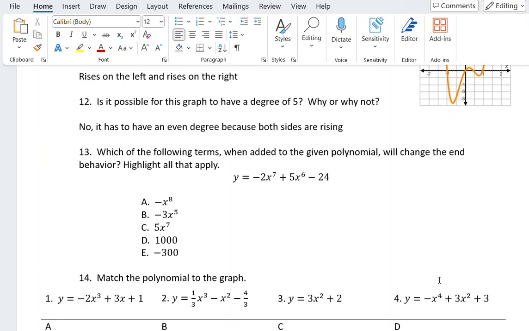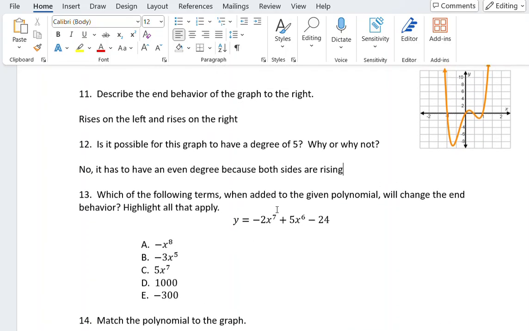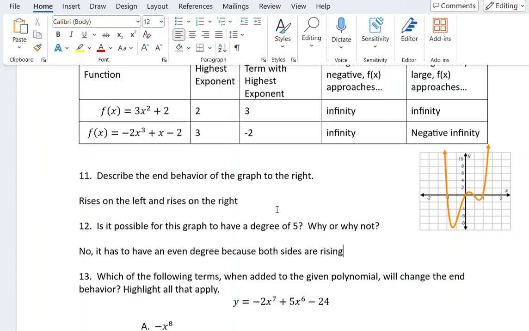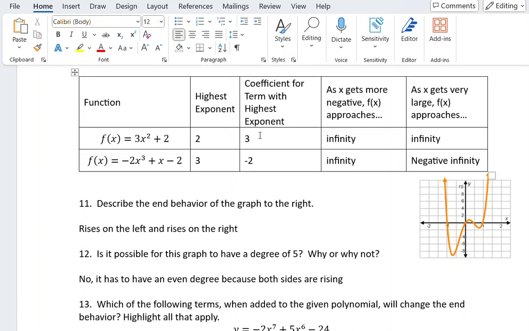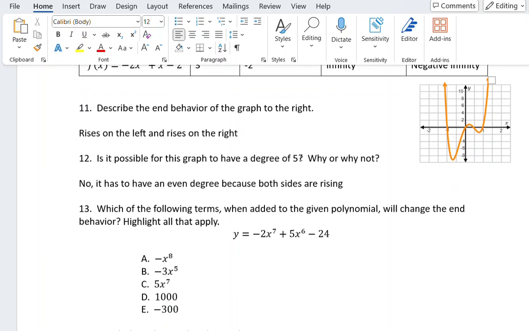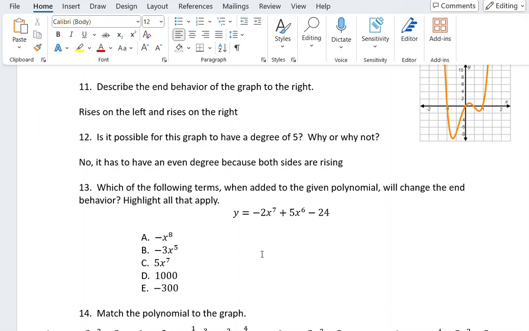Question 13. Which of the following terms, when added to the given polynomial, will change the end behavior? Highlight all that apply. So we know that the end behavior depends on the highest exponent and the leading coefficient, or the coefficient for the term with the highest exponent. So we want to look for things that would change what that is.